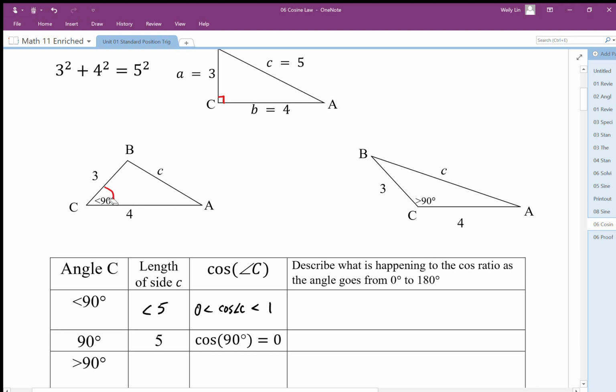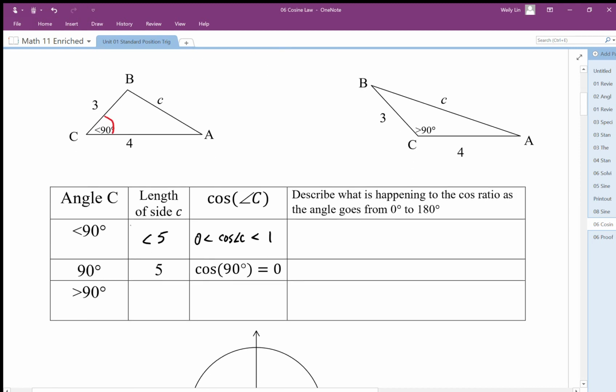This is our initial arm. As our angle turns this way, the cosine is going to go from 1, when the angle is 0, all the way to 0. And the bigger the angle gets, the longer side C gets. The smaller the angle, the closer the cosine gets to 1, and the further away from a length of 5 we should get. So the angle going from 0 to 90 degrees gives us a positive cosine between 0 and 1.